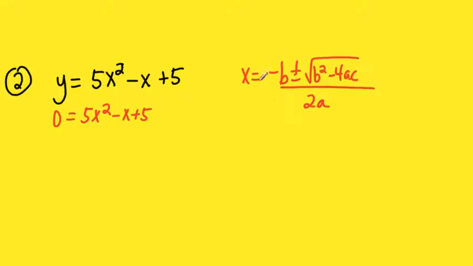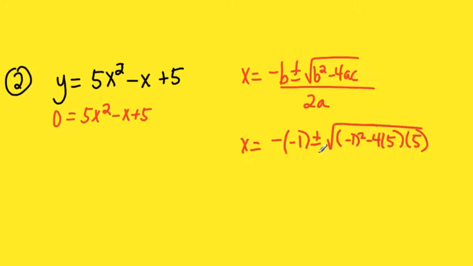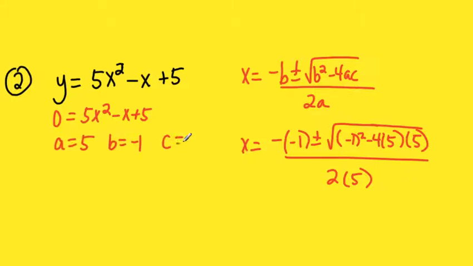Alright, now you plug stuff in. x equals negative, your B is negative 1, plus or minus the square root of b squared minus 4ac, all over 2 times a. I should have written my a, b, and c here. I really suggest you do that when you're working along. Pause the video, make sure you understand those.